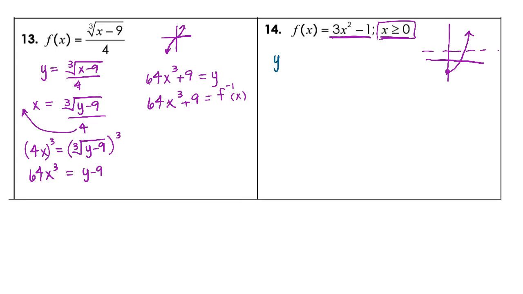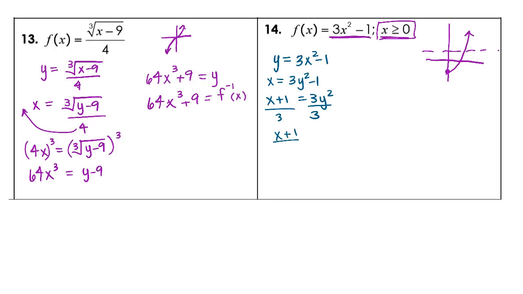So we're going to start out again, y equals 3x squared minus 1. We are going to change places with x and y. We're going to add 1 over. Then we're going to divide by 3. And then when we take the square root, we're only going to look at one side of this.